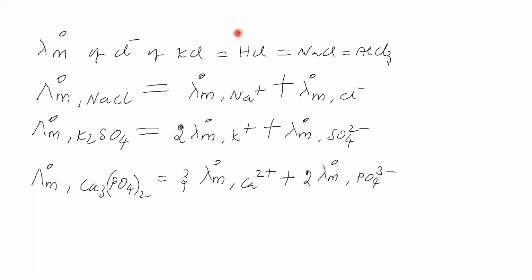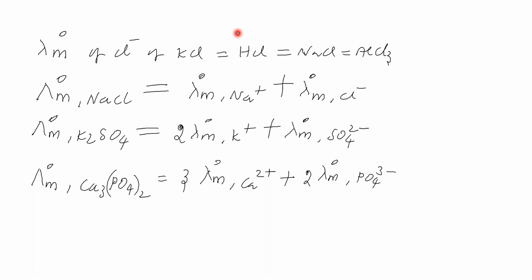What Kohlrausch law says is that lambda m naught of an ion is the same and does not depend on the other ion. Lambda m naught of the cation does not depend on the anions present, so it remains the same whatever the anion is.